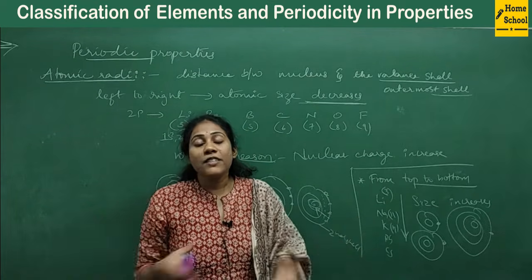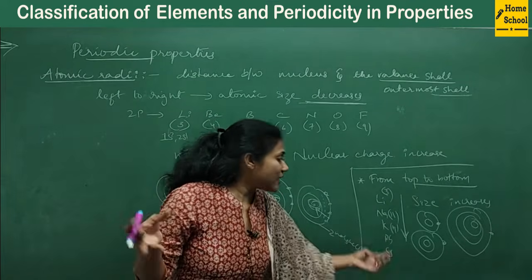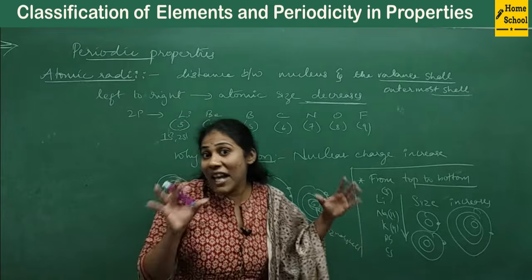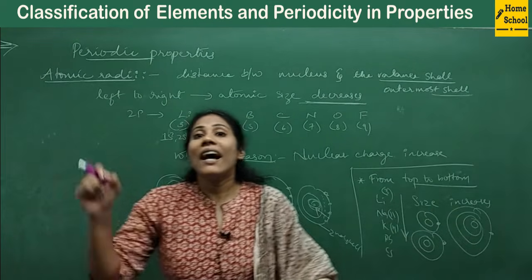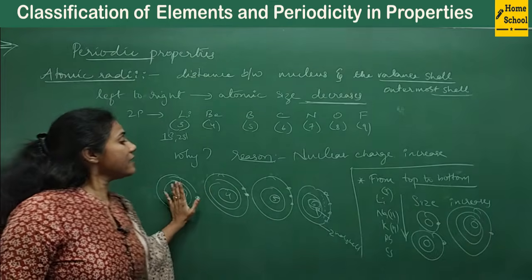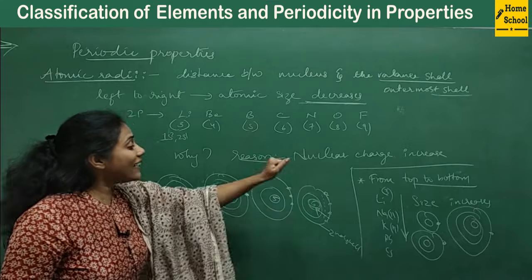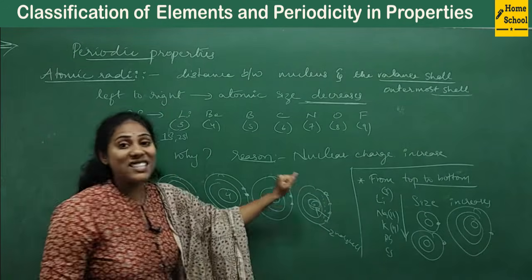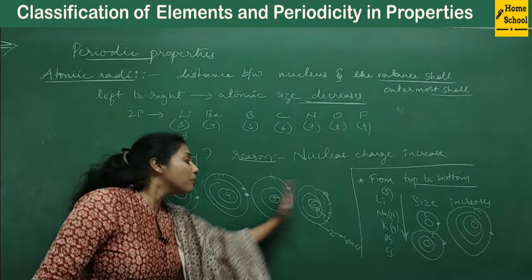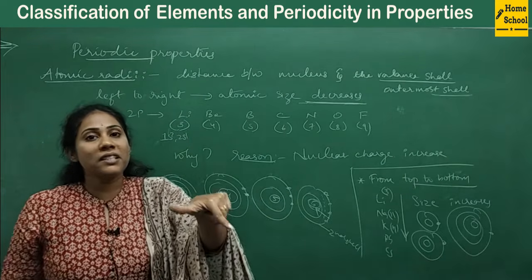So here there is no point in increasing nuclear charge. Even if the nuclear charge is increasing, since the shell number is increasing, atomic size will increase. In the earlier case, the last shell is the same in all the elements. Protons increasing, so attraction between the nucleus and last shell increases. Last shell will move slightly nearer to the nucleus, so atomic size decreased.